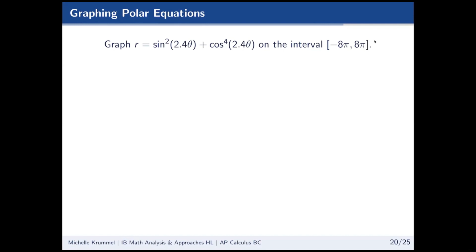And when you go into your window settings, now you're going to see options for your x min and max and your y min and max, because when we produce the graph, we're going to be seeing it on an x-axis and y-axis, but you're also going to have to enter in the domain for your theta values.